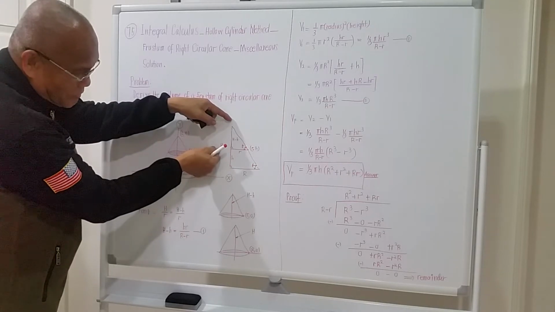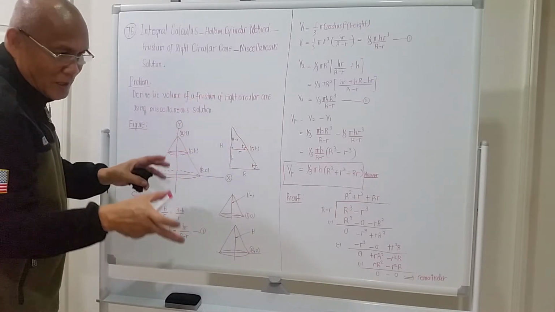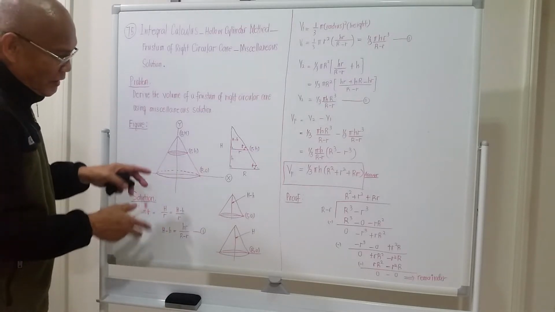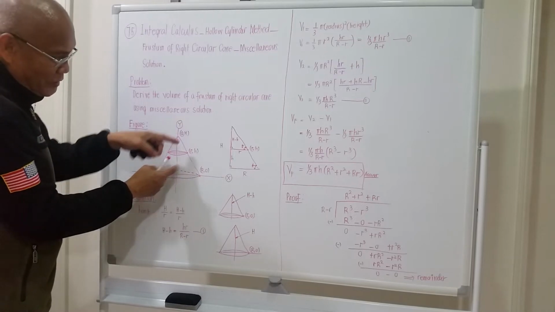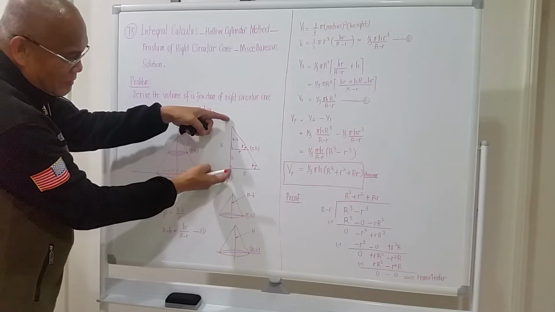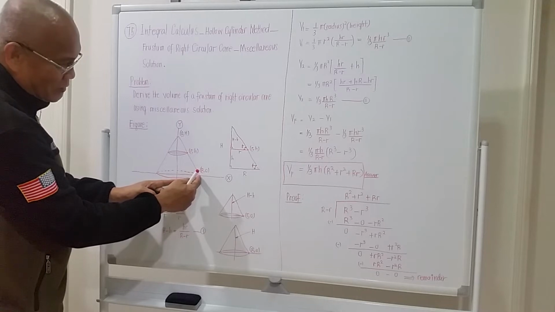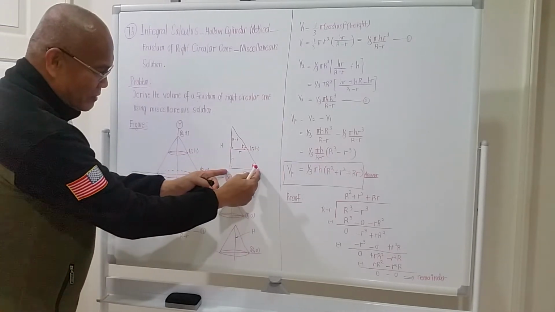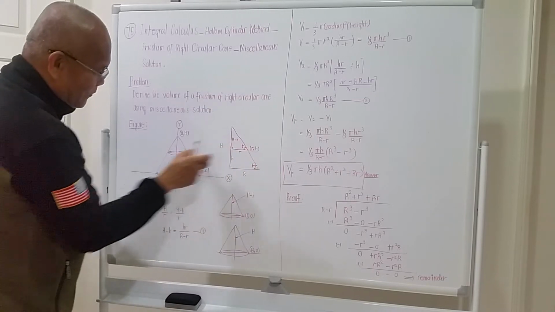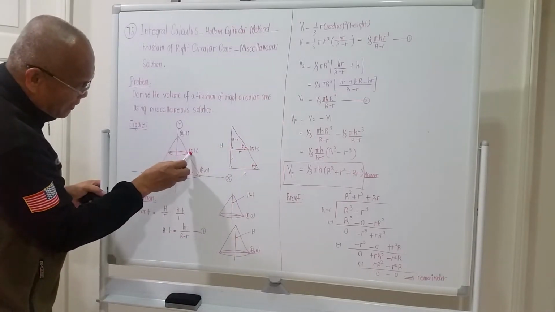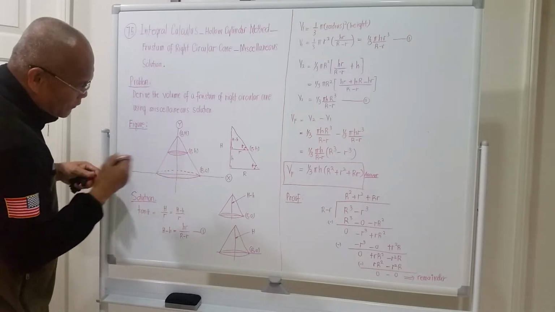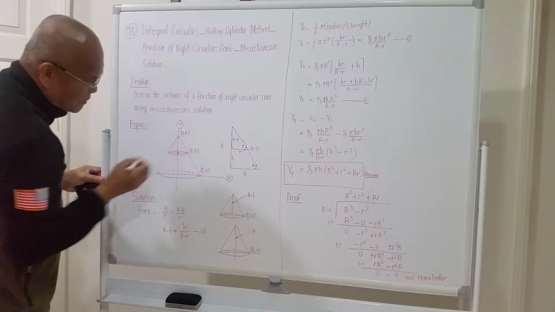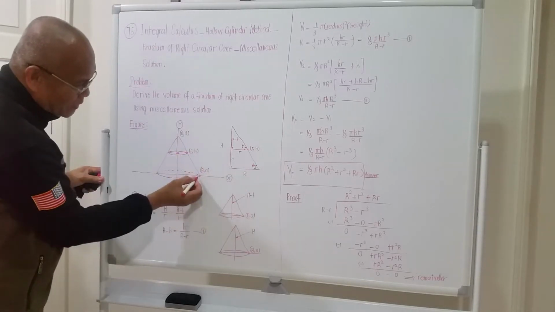It is capital letter H, meaning the total height of the right circular cone, okay, including the frustum and the top portion, is capital letter H. This is H. The bottom portion is actually big R, the bigger radius of the frustum. This is the lower one, this one. And this one here is actually small letter r, the top radius of the frustum. Okay, that's it. The big R is this one.